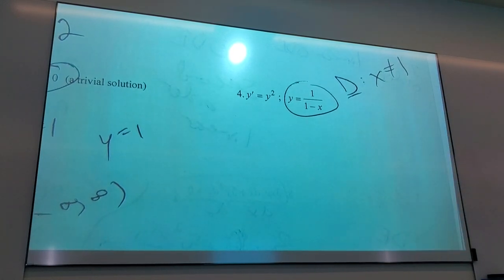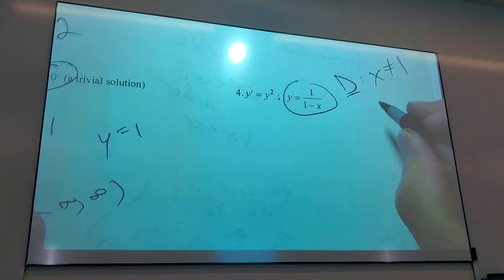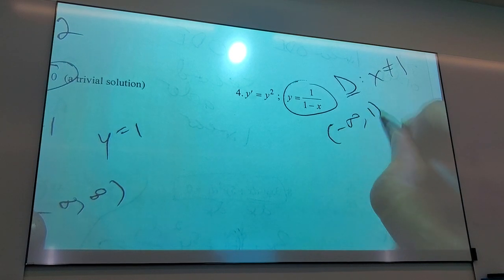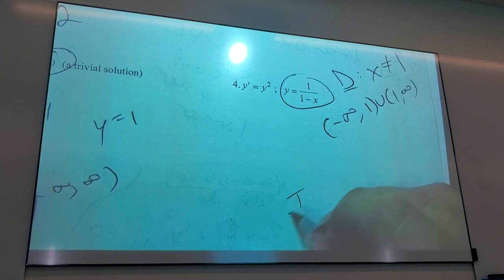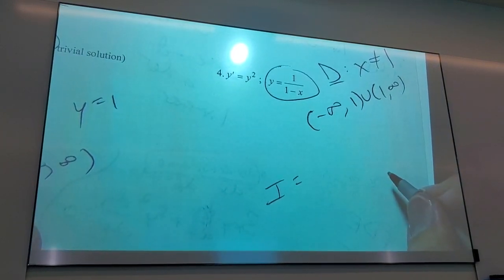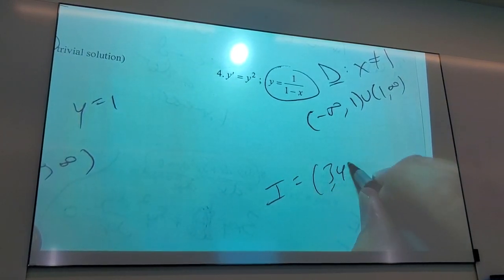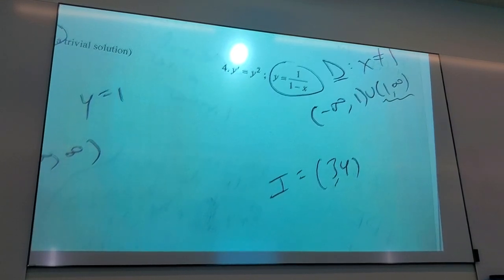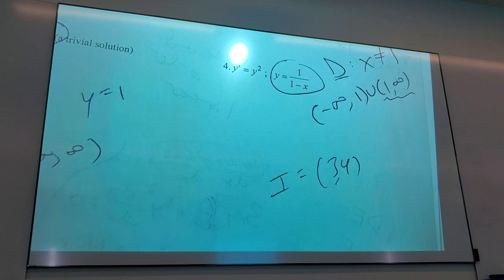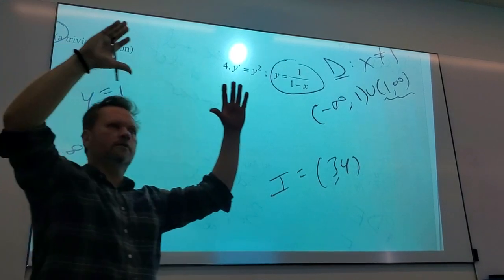So it could be a slice of the domain, which would be negative infinity up to 1 union 1 to infinity. So yes, one possible valid interval of definition would be 3 to 4 because that lives inside of here. Another one could be an entire one of these. It just has to be a continuous set of x values.